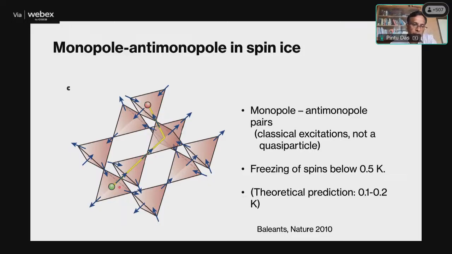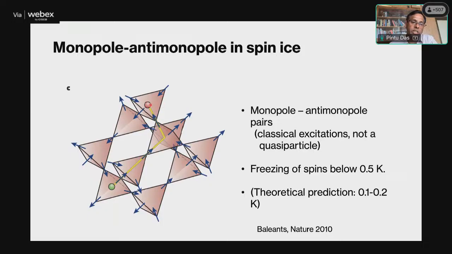The difference in the magnetic state is here. Earlier, this was two in, two out, the ground state. Now in the excited state, one has flipped. So now it is three out and one in, 1, 2, and 3. And in the other case, it is three in and one out. The rest are all two in, two out, so the charge is zero.